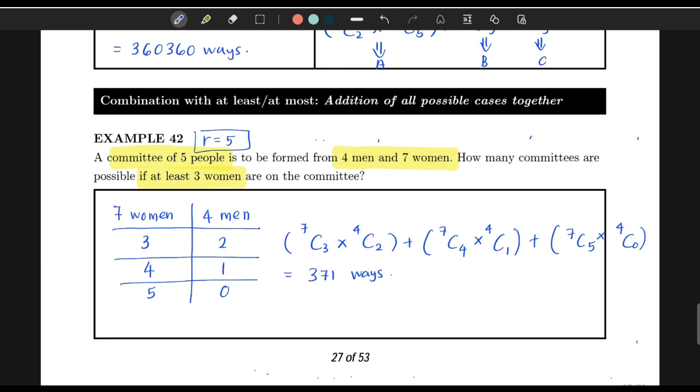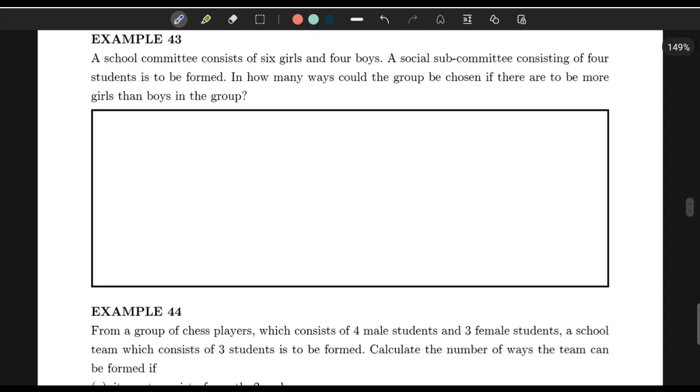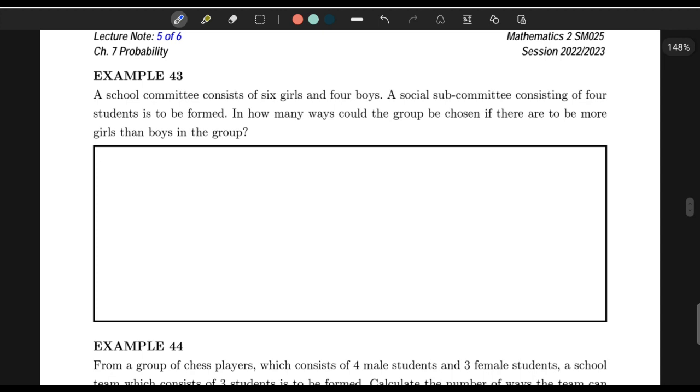Okay, example 43. A school committee consists of 6 girls and 4 boys.